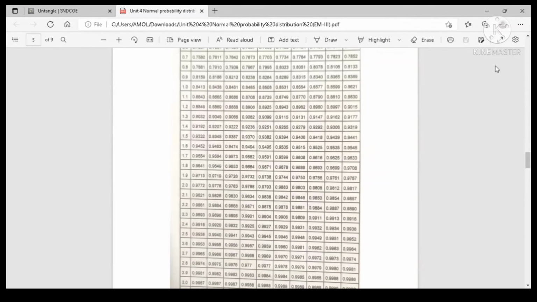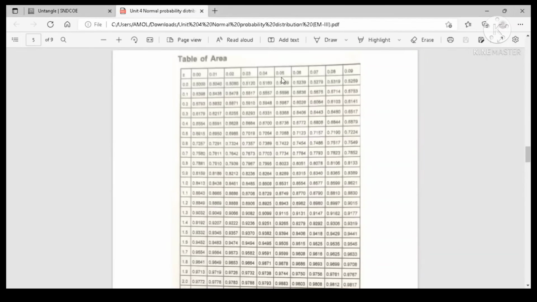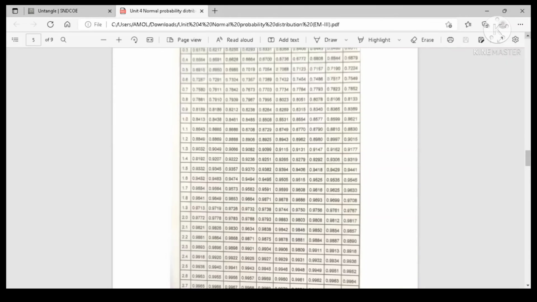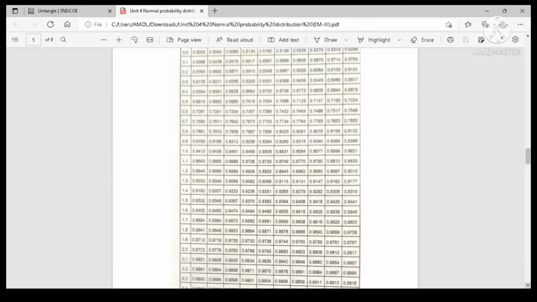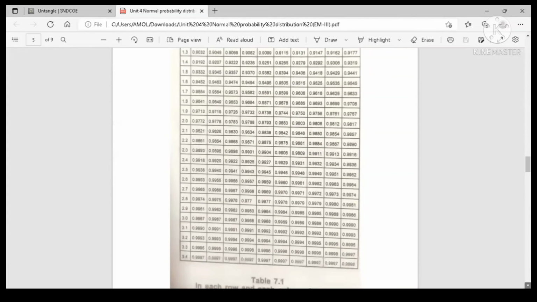Row 2.2, and the difference of 0.05, so 2.25. This is 0.9878, the area.